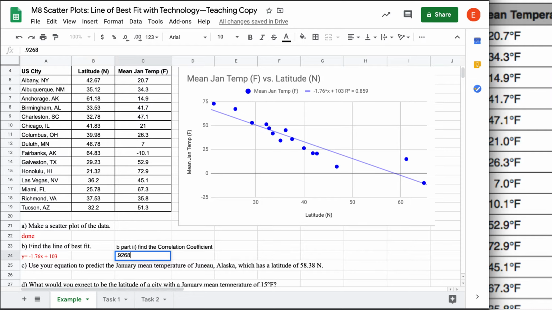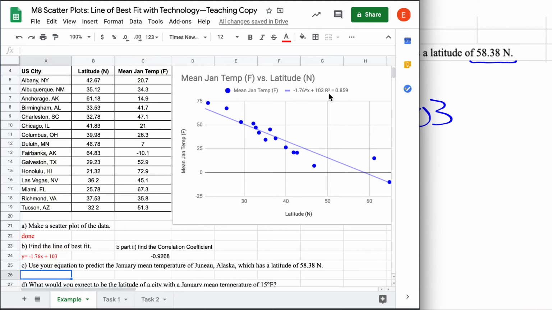Actually, this does have a negative line. There are two square roots to every number, the positive and the negative. So the correlation coefficient here actually is negative 0.9268 because this is a negative correlation. You will have to remember to do that when calculating your correlation coefficients.